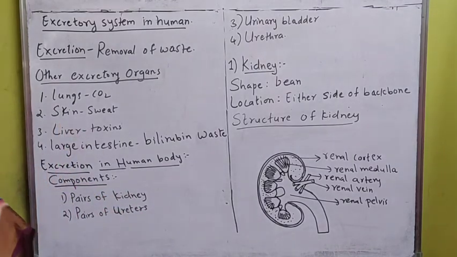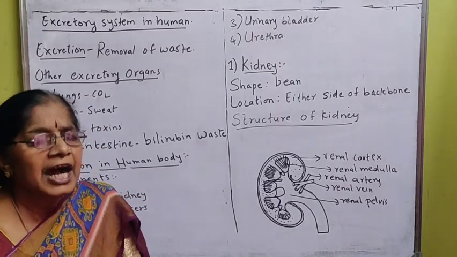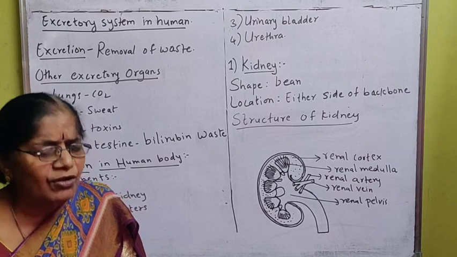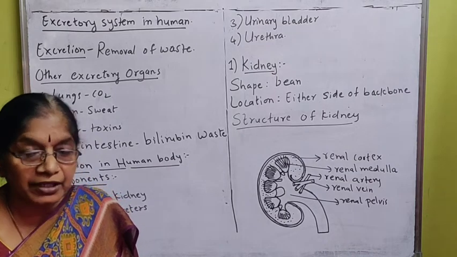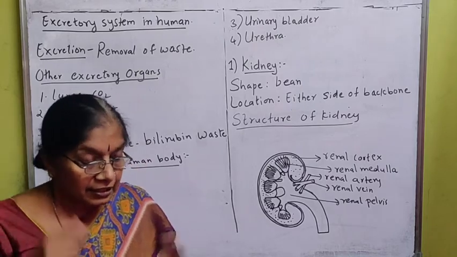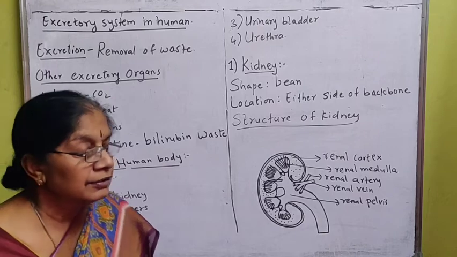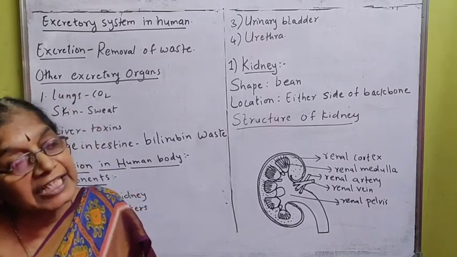Then the skin. You know that sweat glands are there in the upper layer of our skin, and hairs are also there on the skin. The hairs protect our skin from the heat of the sun. And sweat glands are there. What will sweat glands do?